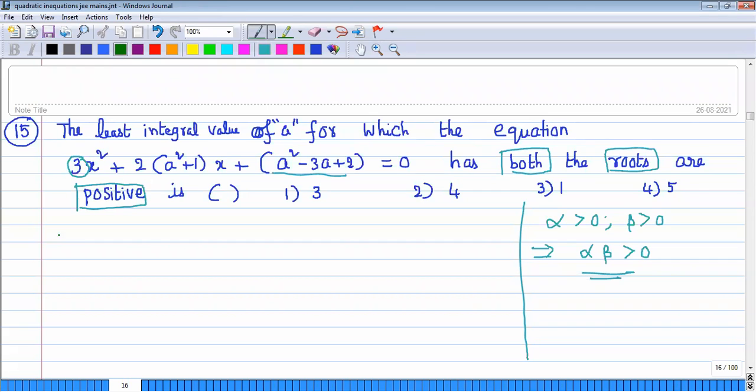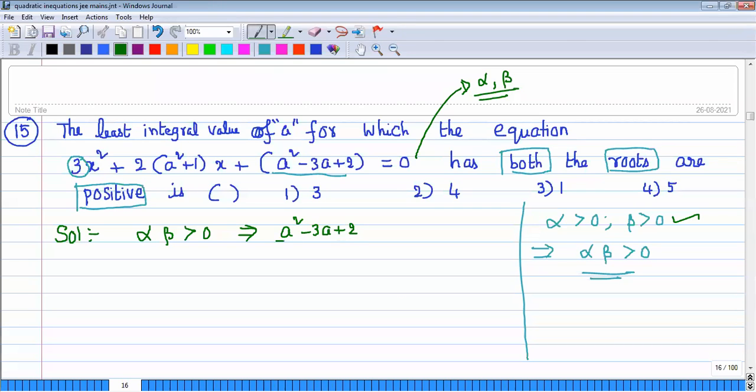So now, if the roots of this equation are alpha and beta, according to the problem, alpha greater than 0, beta greater than 0. That's why alpha beta is greater than 0. Alpha beta means the constant term a square minus 3a plus 2 upon the coefficient of x square, 3, greater than 0.